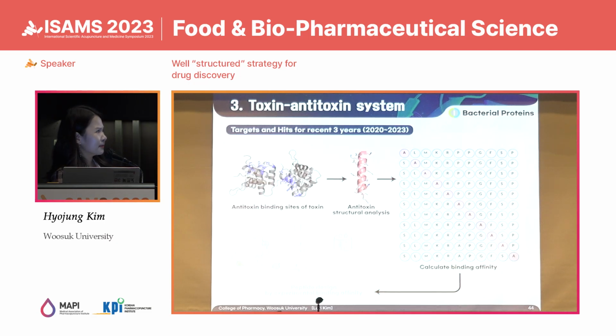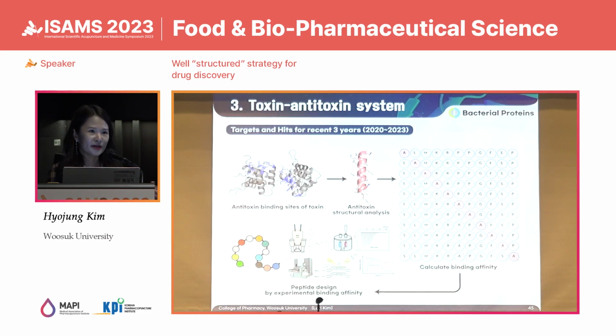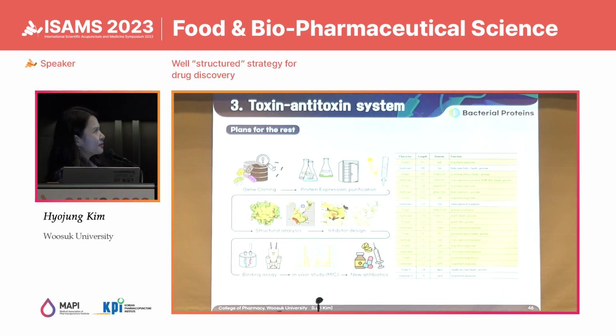And using that peptide, I need to study the binding assay using ITC or SPR and design a new peptide to free the toxin. So this is my research process, and I still have a lot of targets that I need to study. My final goal is to develop a new drug for treating tuberculosis.